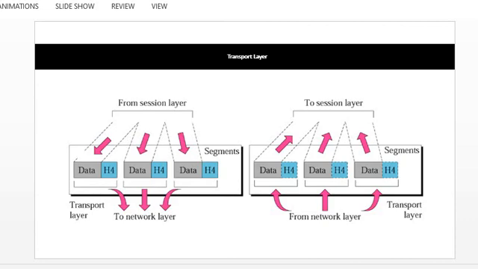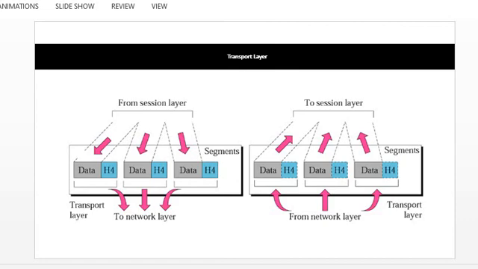And the transport layer in the network model, on the other hand, ensures the whole message arrives intact and in order, overseeing both error control and flow control. So we say the network layer oversees the movement of the message from source to destination, focusing on individual packets. It doesn't mind the relationship between the packets, but the transport layer is concerned that a message arrives in the order in which it was sent.